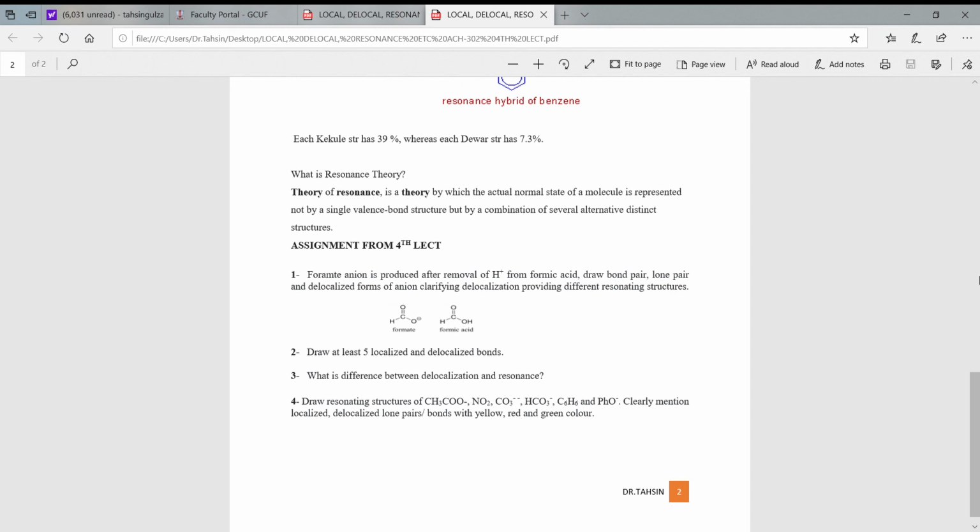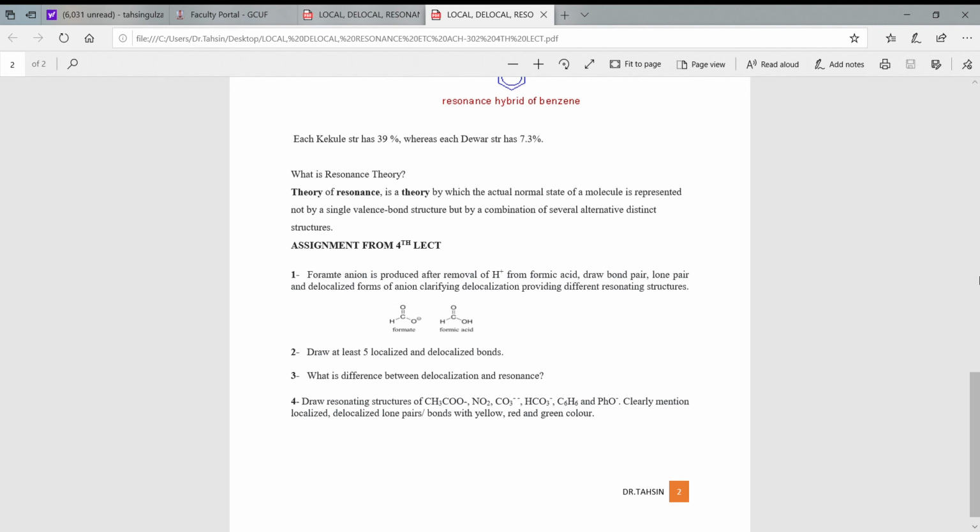which is a localized bond, and how lone pairs or bonds are delocalized. So it is better to use different colors. You can mention localized bonds with yellow color, and delocalized bonds with a red dotted line, and green color for bonds.